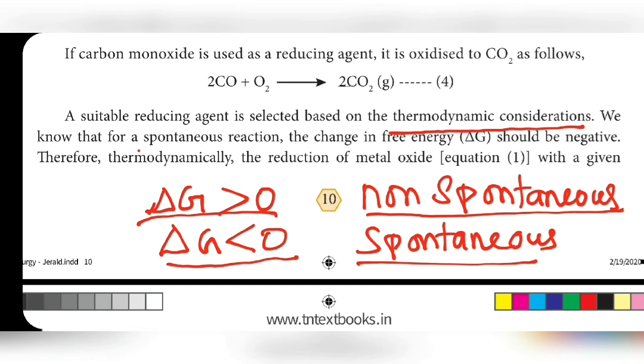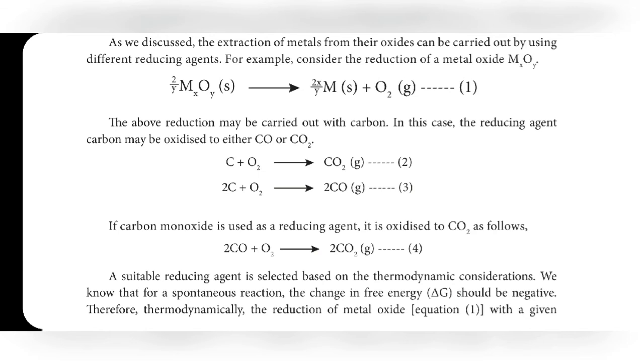G means free energy, delta means change. So delta G, the change in free energy, should be negative, that is, less than 0. Therefore, thermodynamically, consider the reduction of metal oxide with equation 1, and with the given reducing agents, equations 2, 3, 4.